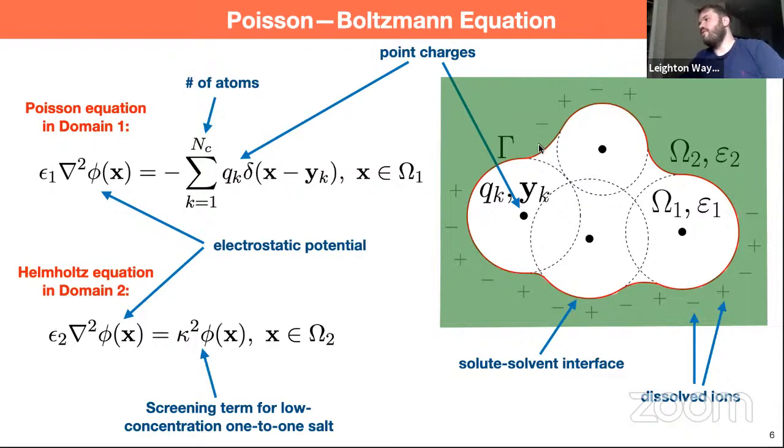So we have a discontinuity across this boundary related to the dielectric constant. And we also have inside this environment, charge density determined by our point charges, and outside the boundary, we have the screening term from our ionic concentration.